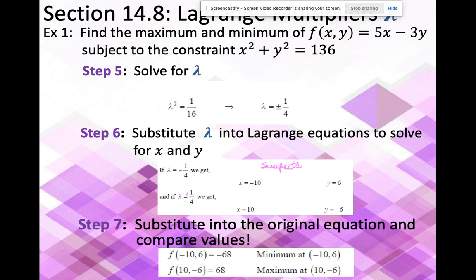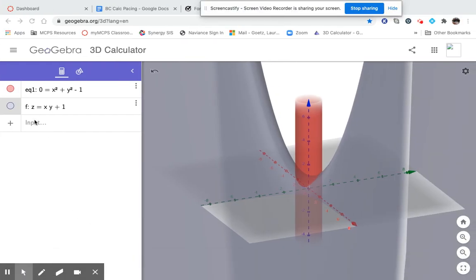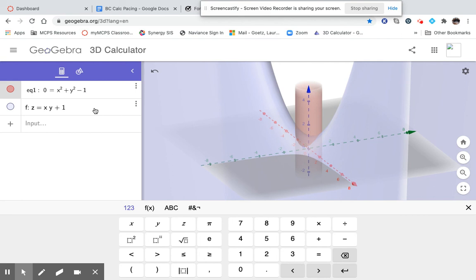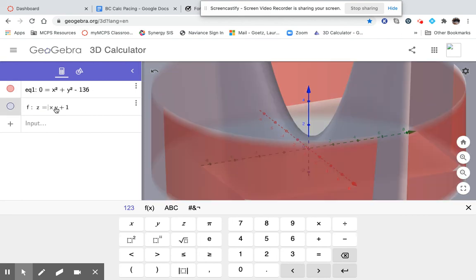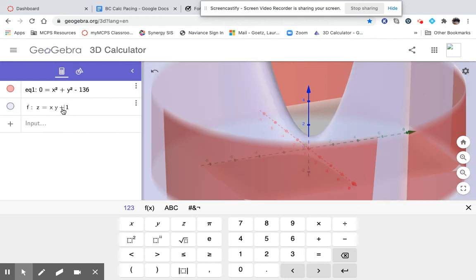Let's take a look at this. I don't know if I'm going to be able to get it on my screen. What was it? 5x minus 3y?